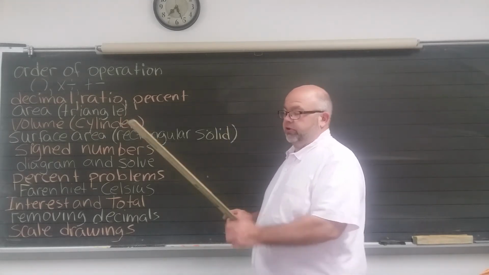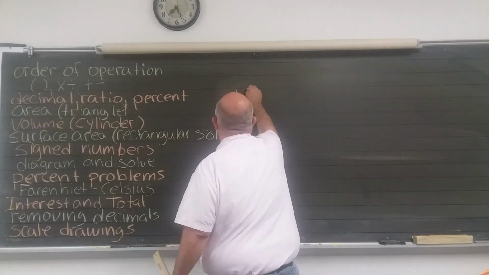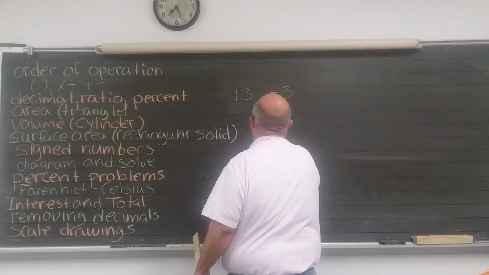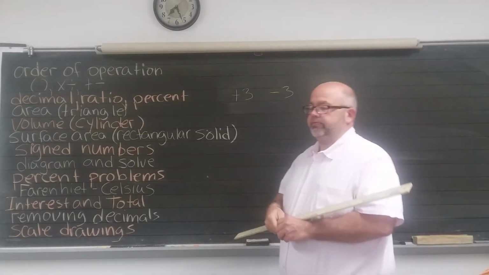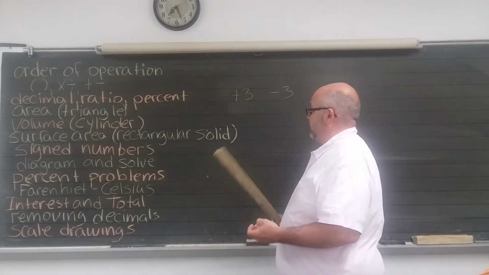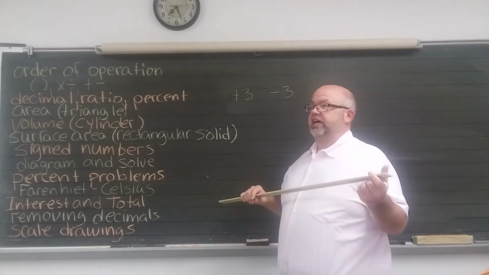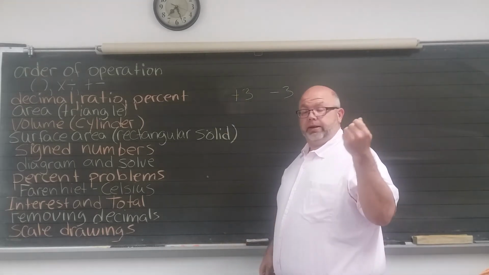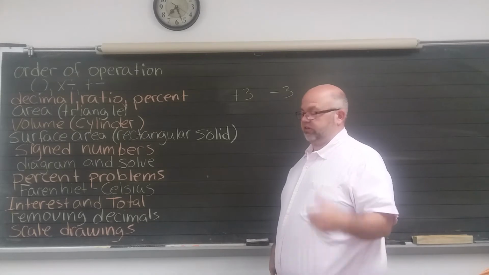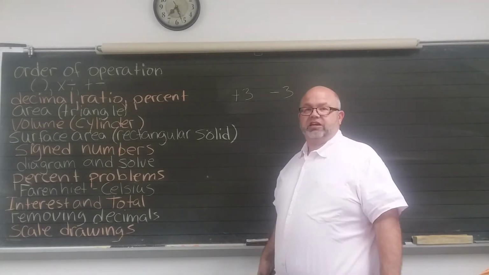Signed numbers. That means +3, -3, etc. Okay? Know how to add, multiply, and divide. Know the language. If it says give the product, that is what? Multiplication. If it says give the quotient, that's division. If it says give the sum, that's addition.